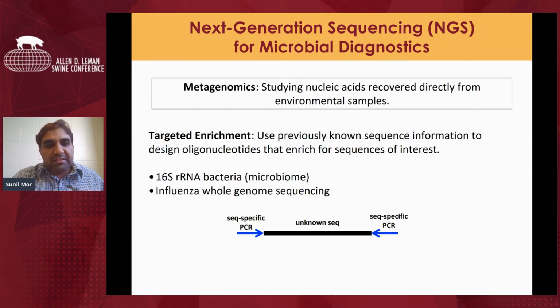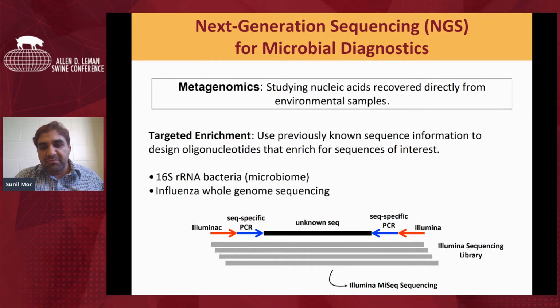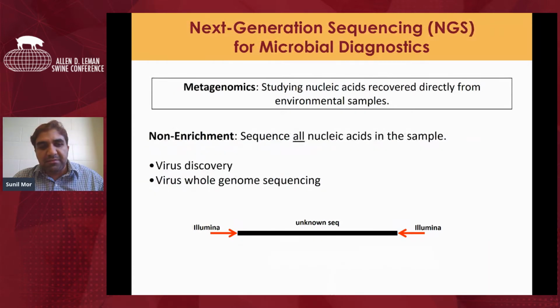Two examples are 16S NGS and influenza, where we have specific primers to amplify our regions of interest. It's like a PCR, but using NGS methods, it's amplified to generate millions or billions of reads, and then we do the data analysis.